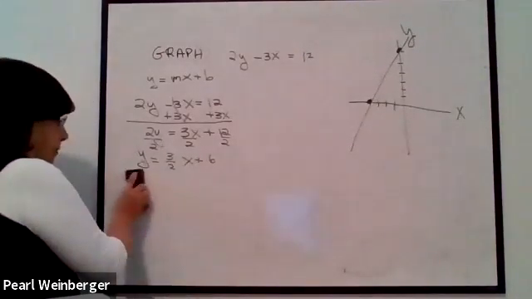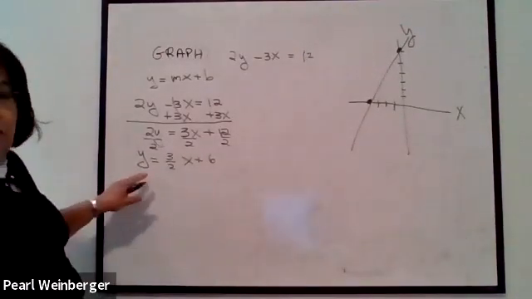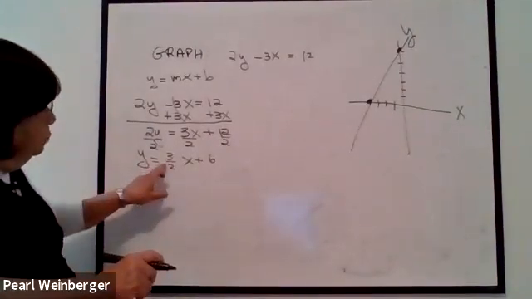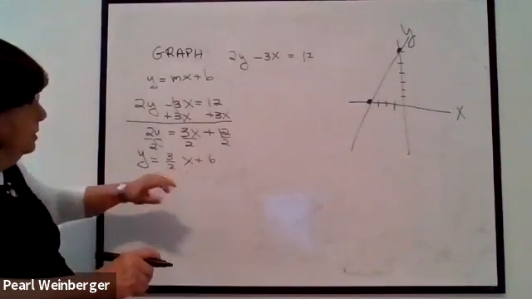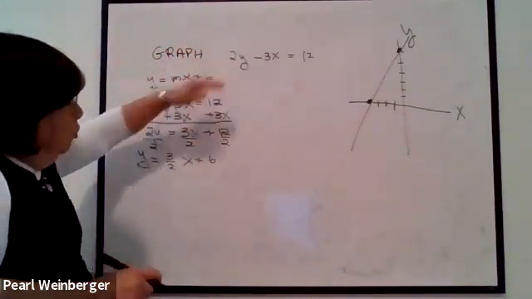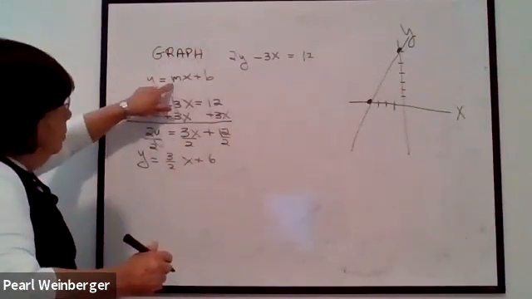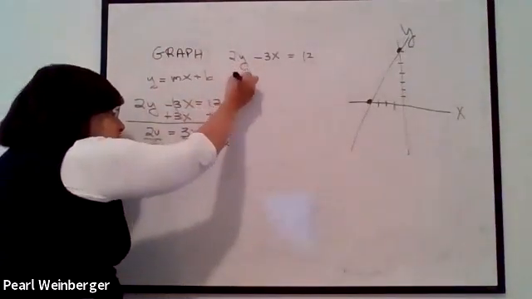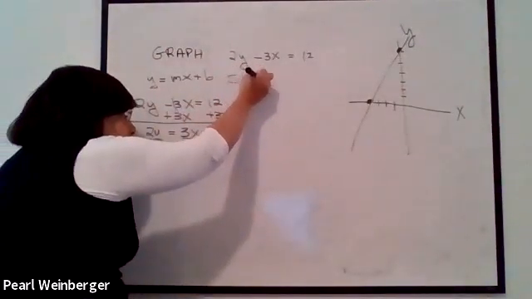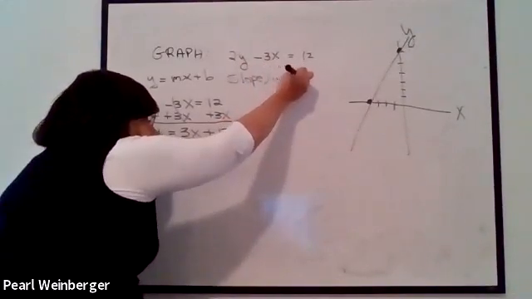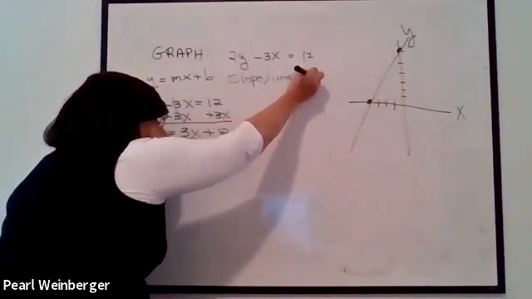Okay, so I am crossing this part out, and I'm going to stick with this equation, y equals 3/2x plus 6. This is what we call the slope-intercept form of the equation.